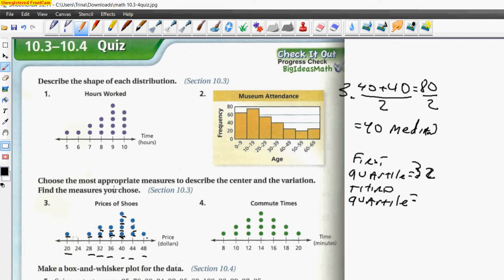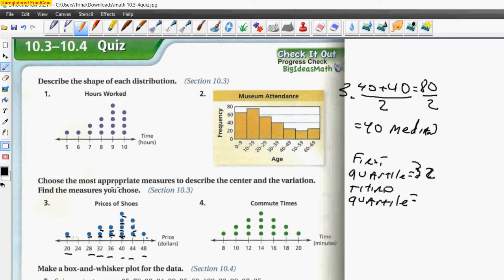Very, very important. So now we're looking for what quartile, which would be, of course, the third one. And the third quartile, what is the middle of that one? If we're at 7, remember we counted 7 dots, so it would be number 4.